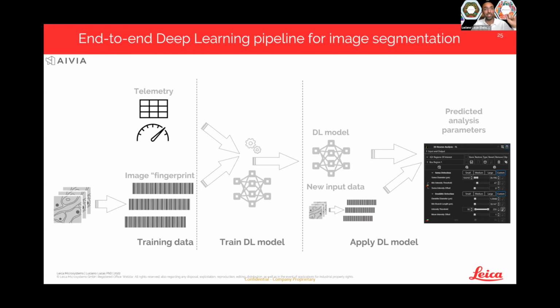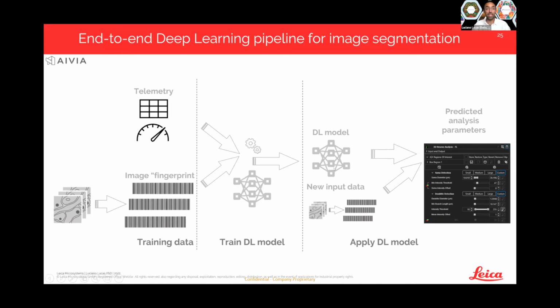So the soma size, the intensity, the thresholds, all of those parameters are matched to the specific image that they are analyzing. So then we have pairs of how the user analyzed the image and a fingerprint of the image. We then train a monster model.